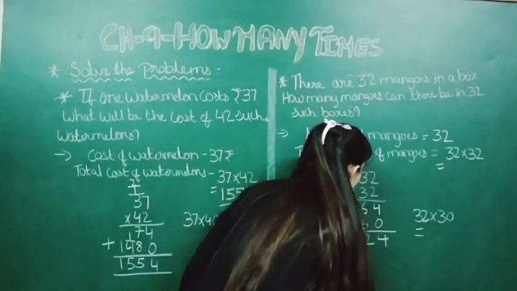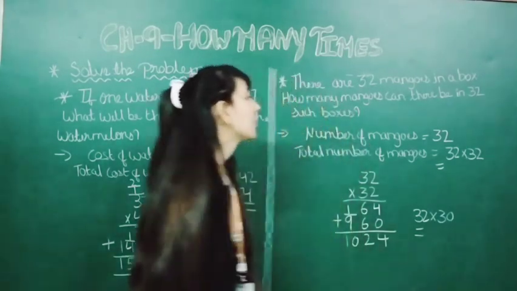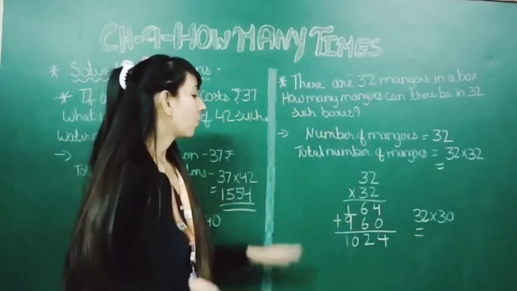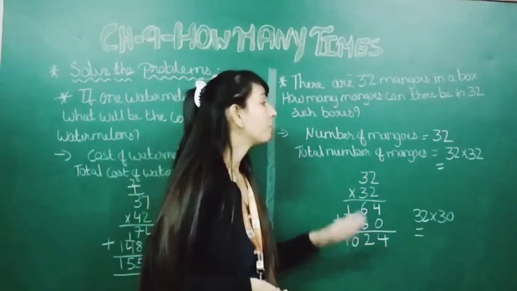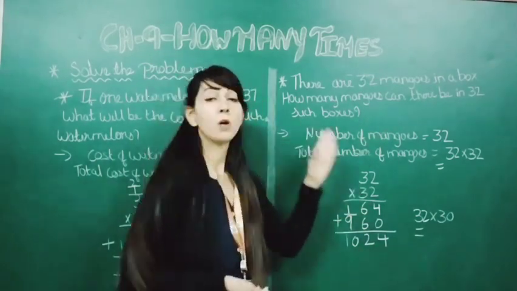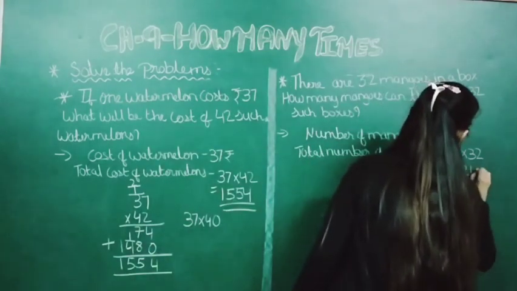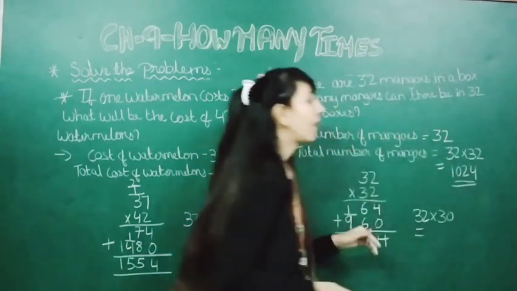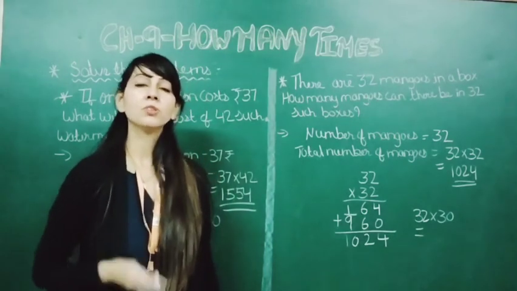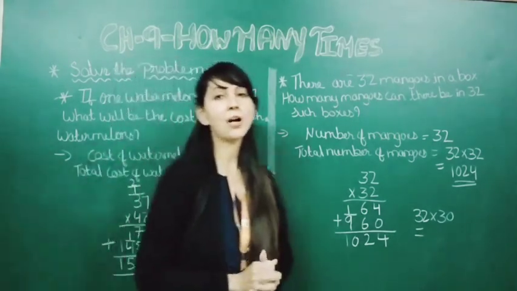Yes. So here we will write 10. So you can find out 1024 mangoes in 32 boxes. Understood how to do this?